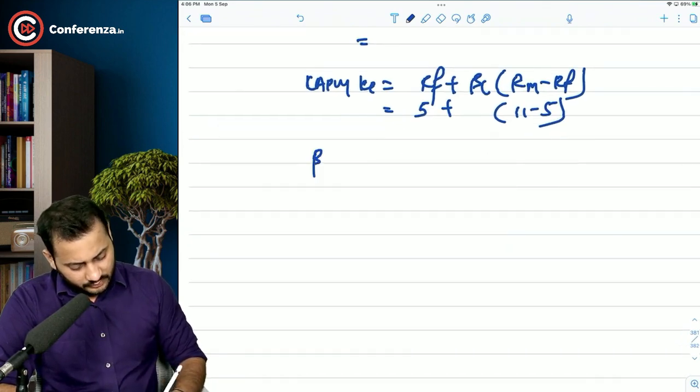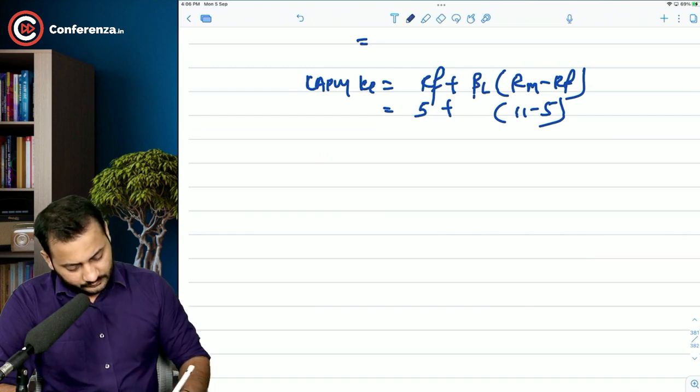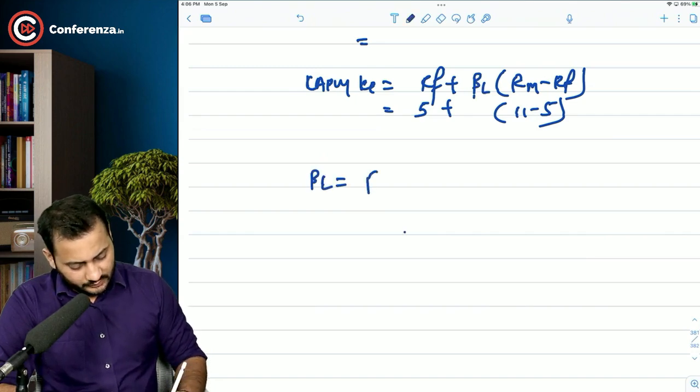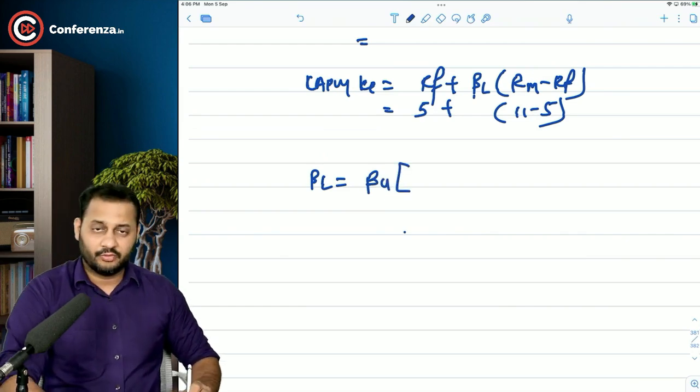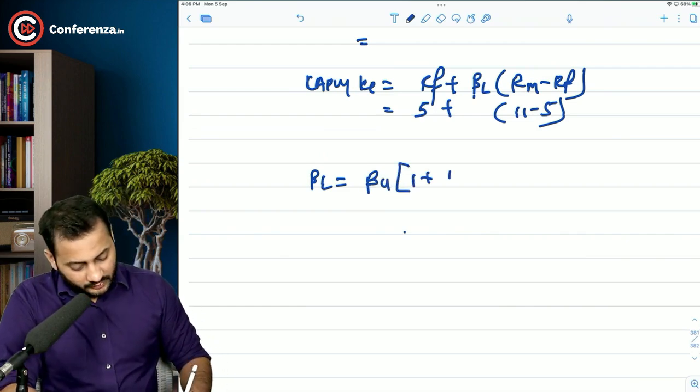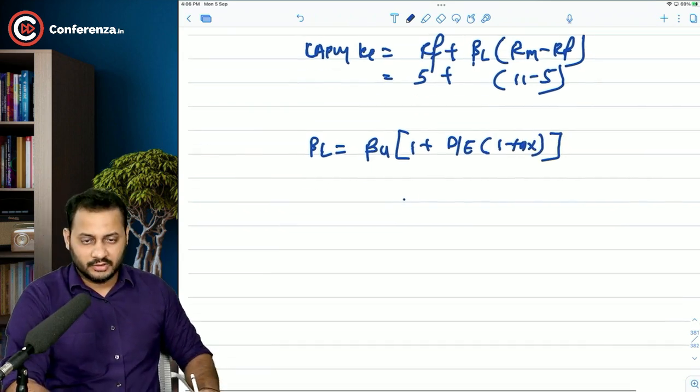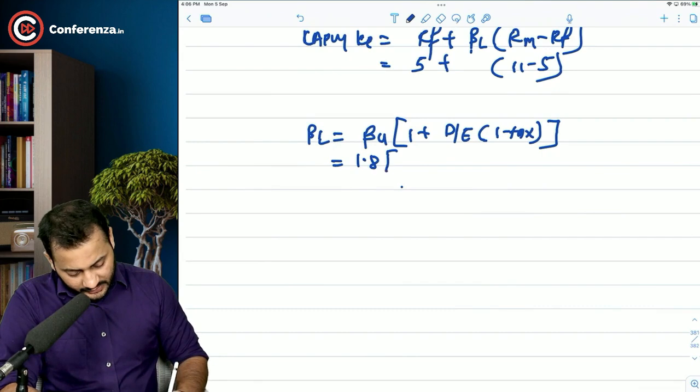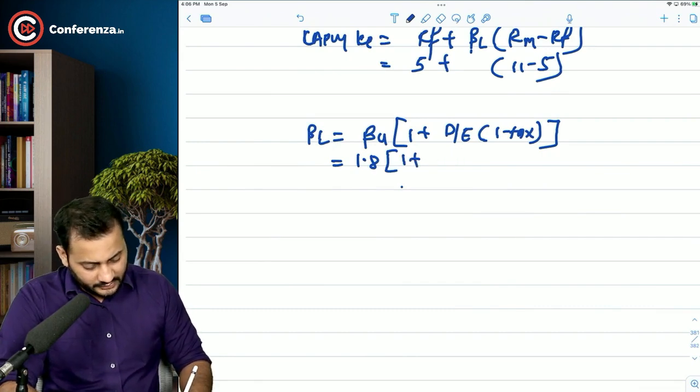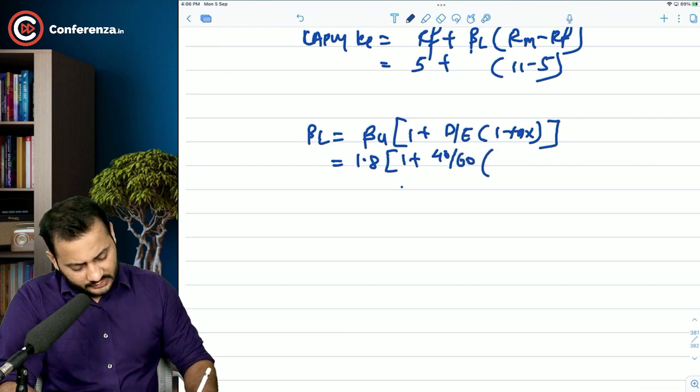Now coming over to levered beta, which is equal to unlevered beta into, if you remember the formula, 1 plus debt equity ratio into (1 minus tax). It's very simple, sir. So unlevered beta is 1.8, 1 plus debt equity ratio, 40 by 60, into (1 minus 0.30).